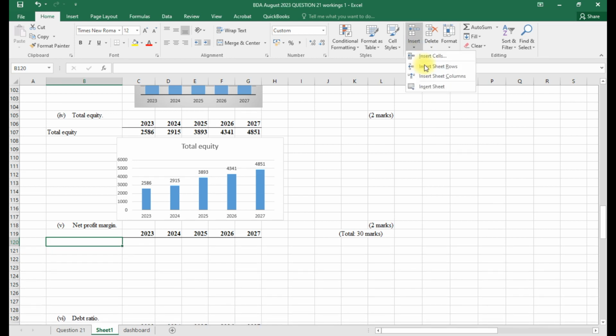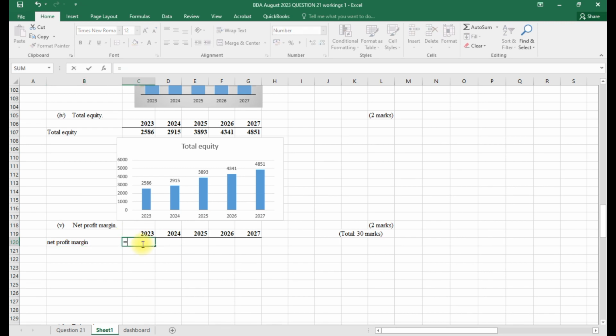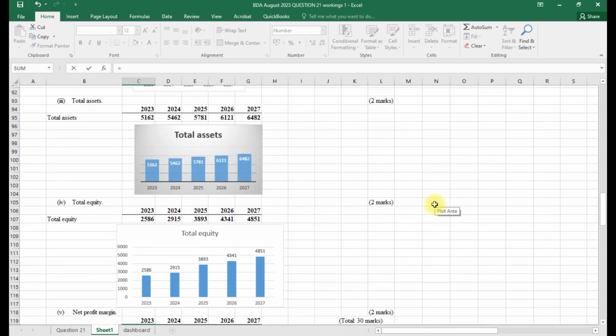For the margin, so net profit margin, and profit margin. You know, margin is on sales. So the first one, you look at the net profit.